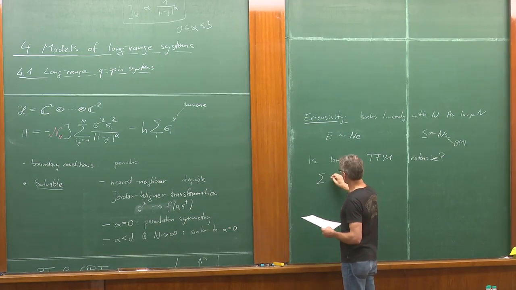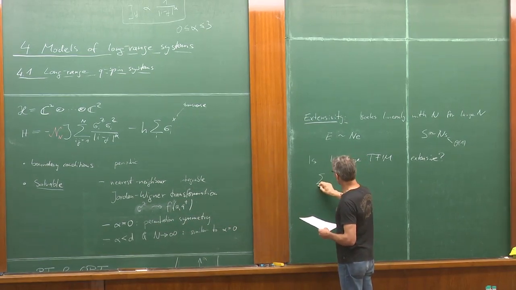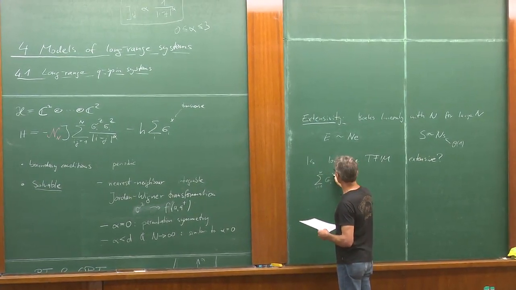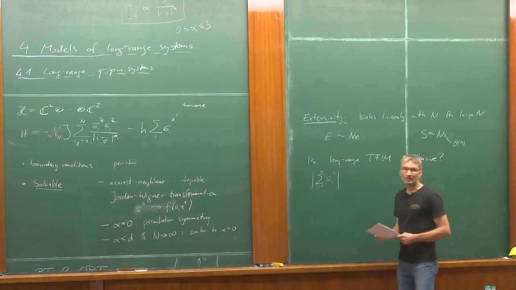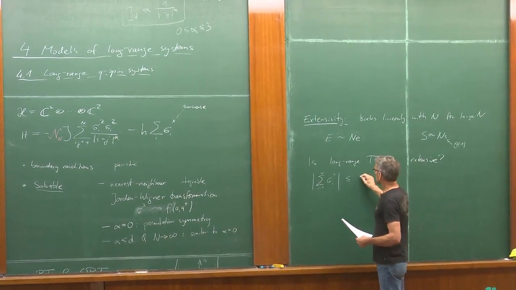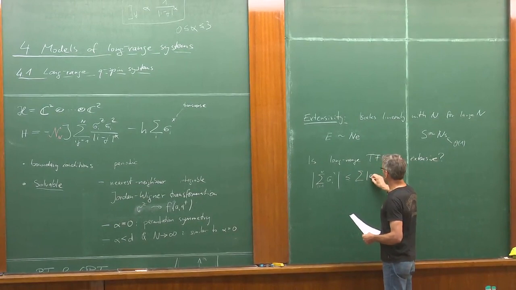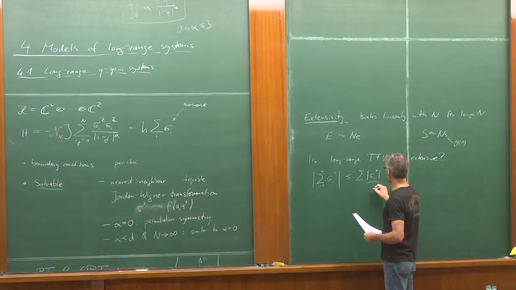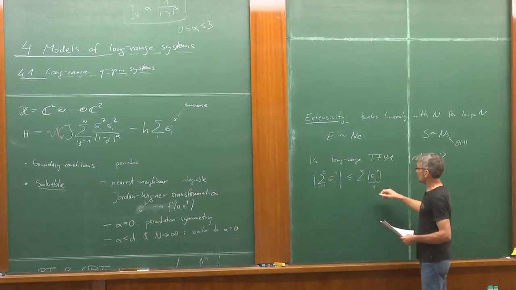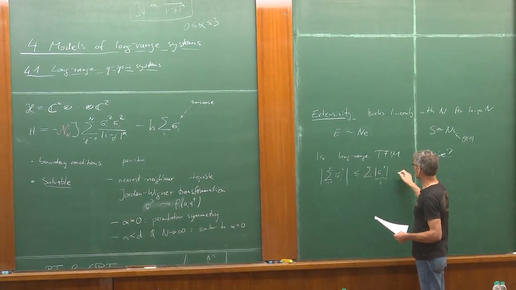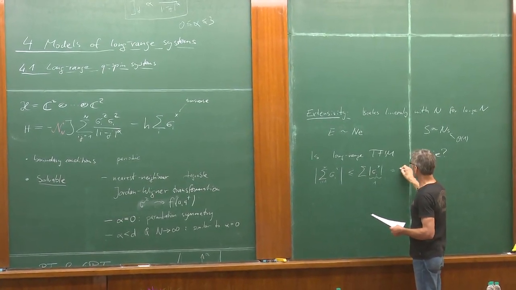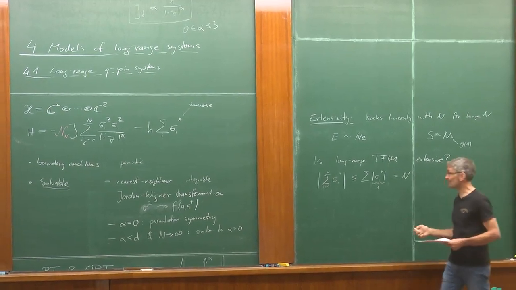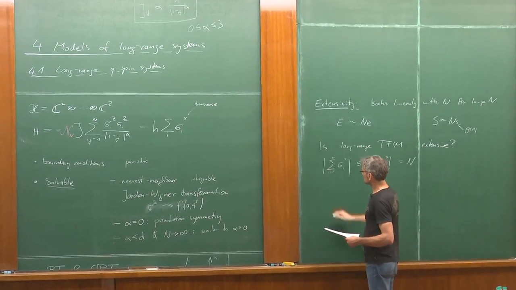Sum of i from 1 to n of sigma i x, and just look at the absolute value of this. Well, we do the sum and put the absolute value here. This is 1, and because the sum has n terms, we get n here, so this term is extensive, as simple as that.